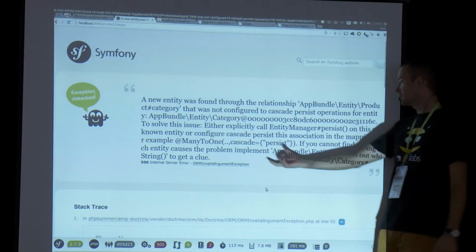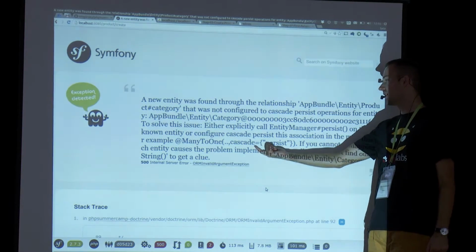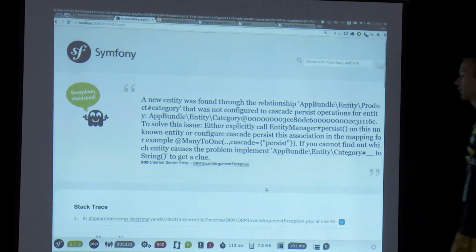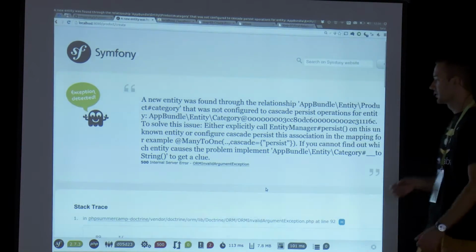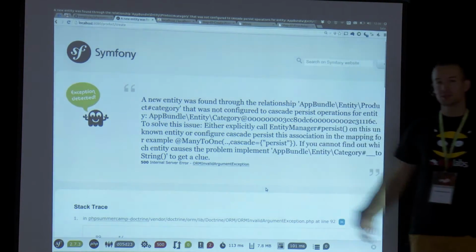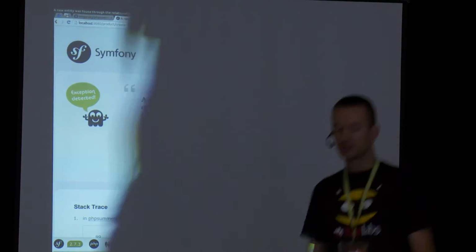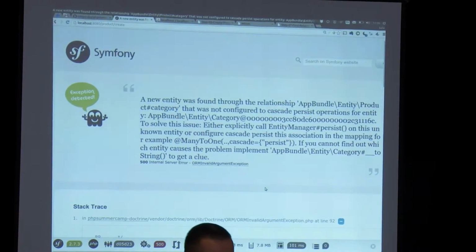Or there is another option to specify cascade persist in your many-to-one relation. So there are two ways to fix this issue. I think it perfectly makes sense to make category persist cascade in this case. So just go to your many-to-one and add cascade persist.